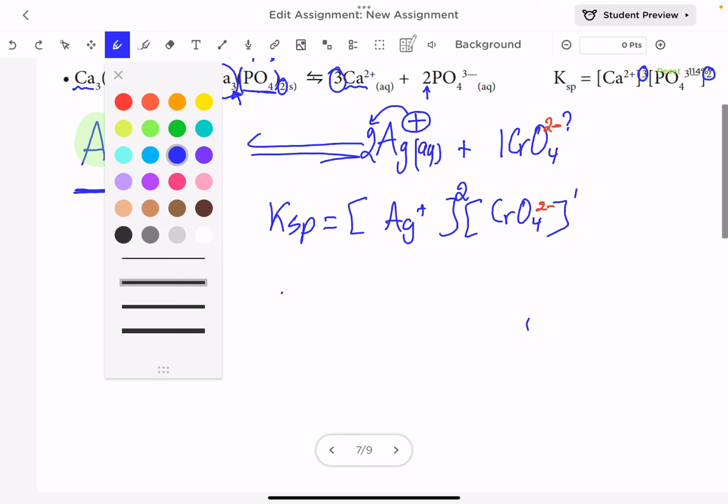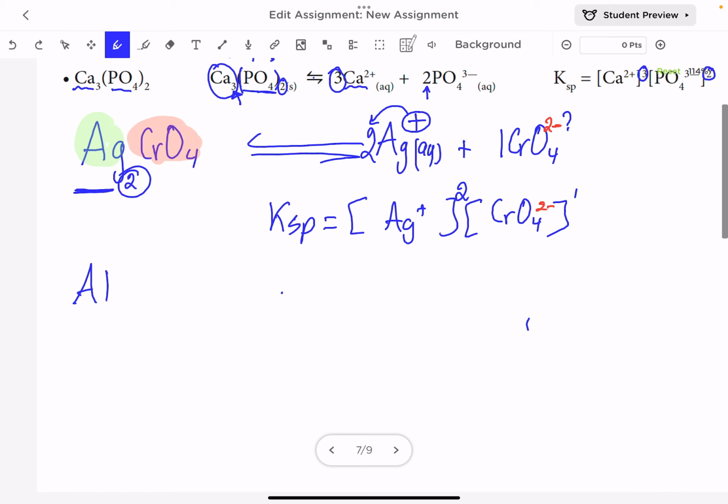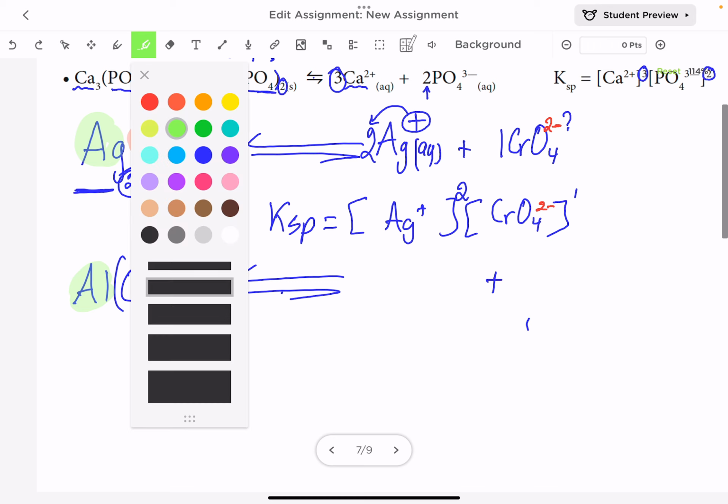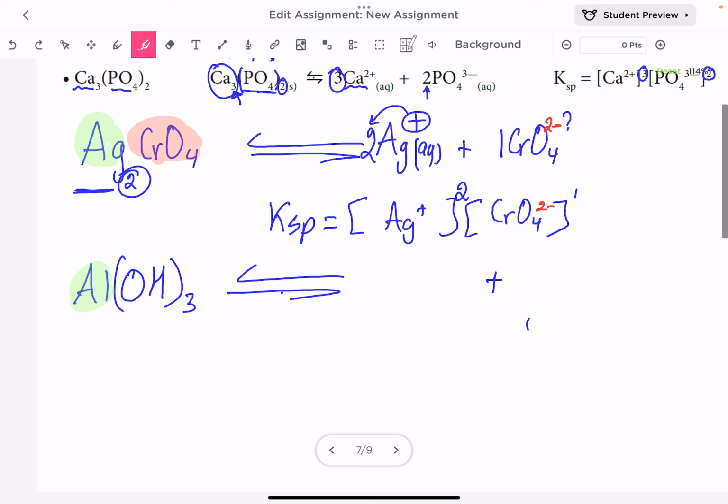Let's take another example. Aluminium hydroxide, Al(OH)3. When we write this formula, of course, the first ion having positive charge is the aluminium, and the second ion having negative charge is a polyatomic ion inside parentheses. It means that this 3 is a stoichiometric coefficient. I have 3 OH.